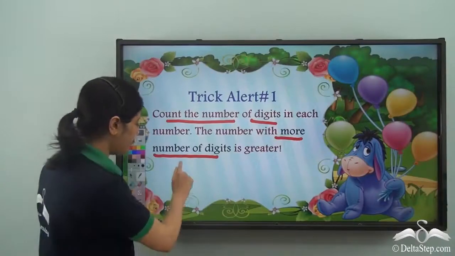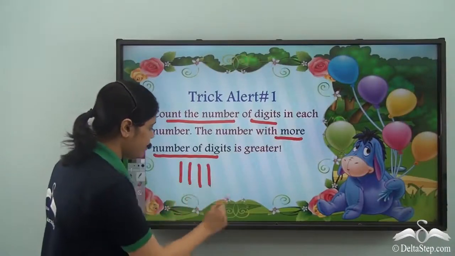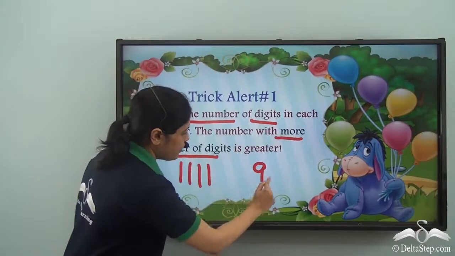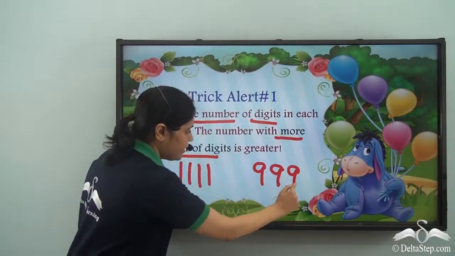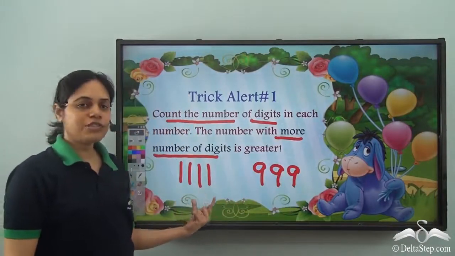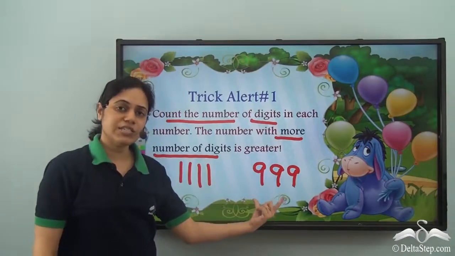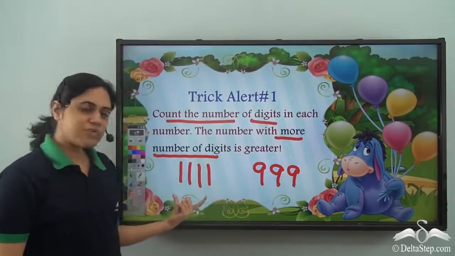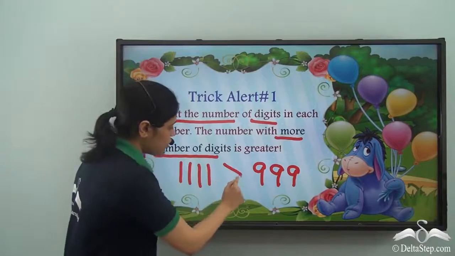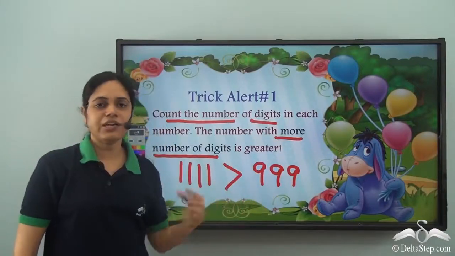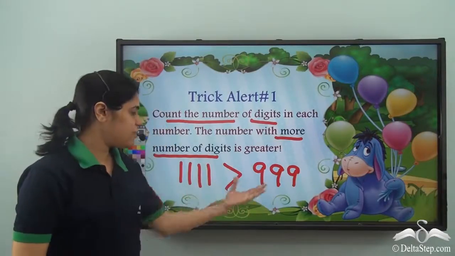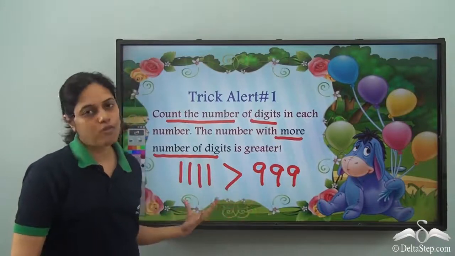This means that if we have a number 1,111 and another number 999, this number has 4 digits, whereas this number has just 3 digits. This has more digits. So this is bigger than 999. So the number with more digits is always bigger.